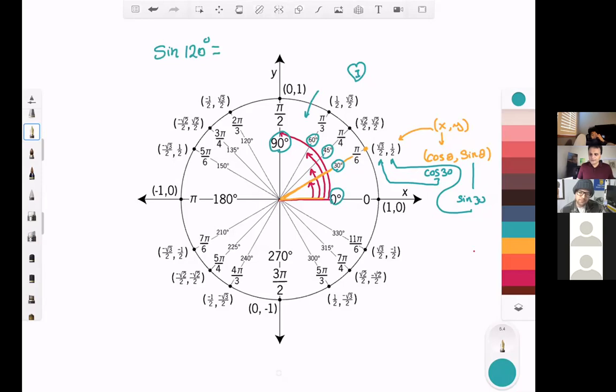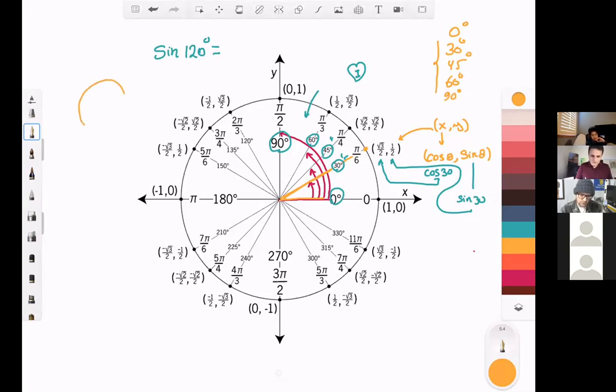You need to memorize 30, 45, 60, correct? But 120 is not in the first quadrant, it's in quadrant 2. So our job is to find the reference angle. So 0, 30 degrees, 45, 60 degrees, and 90 degrees. So those are quadrant 1. 120 is not there.